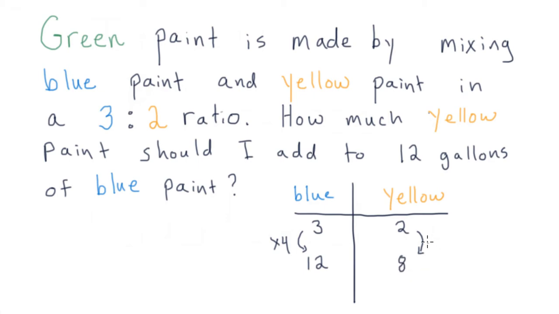I can multiply the quantities by the same number because they are in a particular ratio, 3:2. So I see that I need 8 gallons. And that's my answer. This is a pretty simple proportional problem.